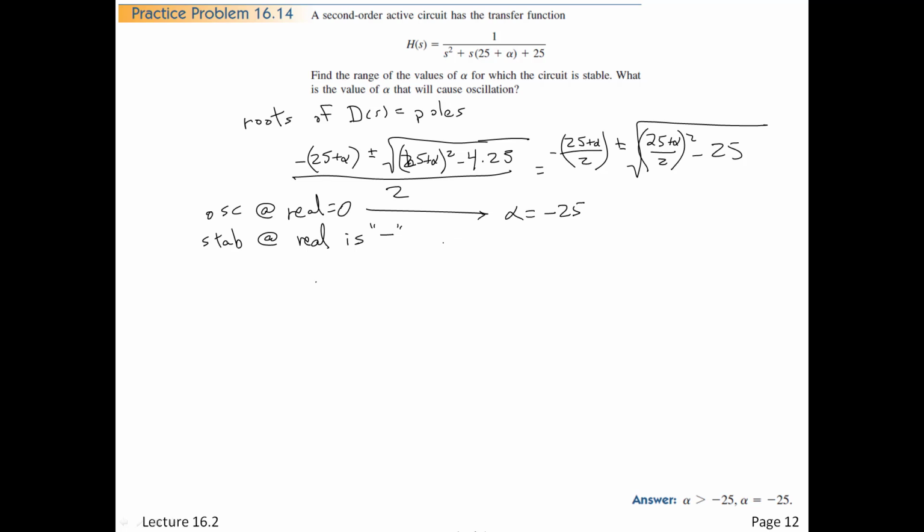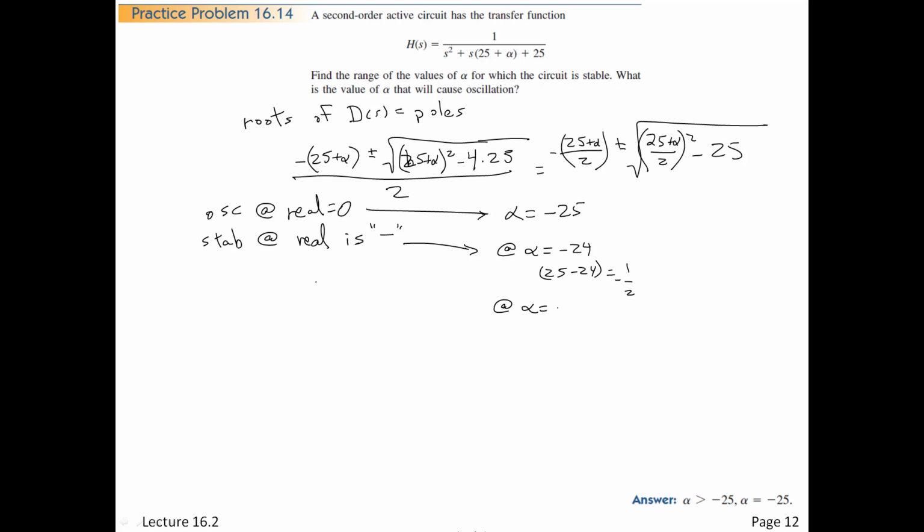All right, stability will be an issue when, let's see, let's just test a couple of values. We know it's around alpha equals minus 25. So at alpha equal minus 24, what would we have? 25 minus 24 is 1, over 2, so it would still be minus. So as long as alpha is greater than minus 25, but let's test this.